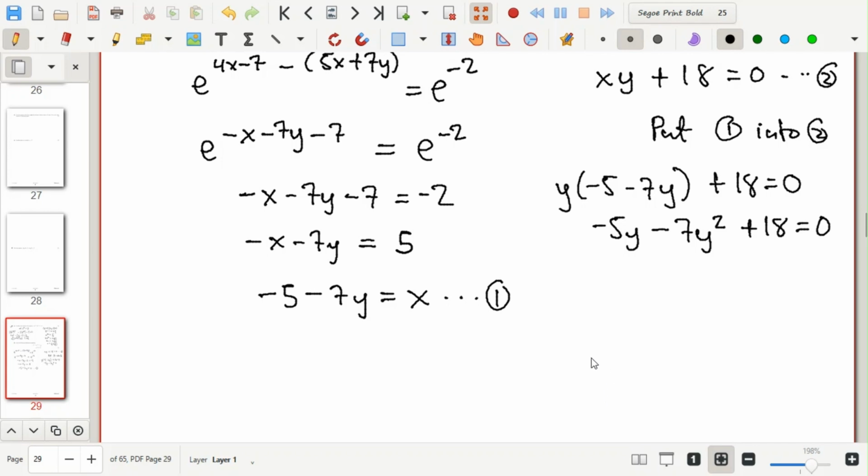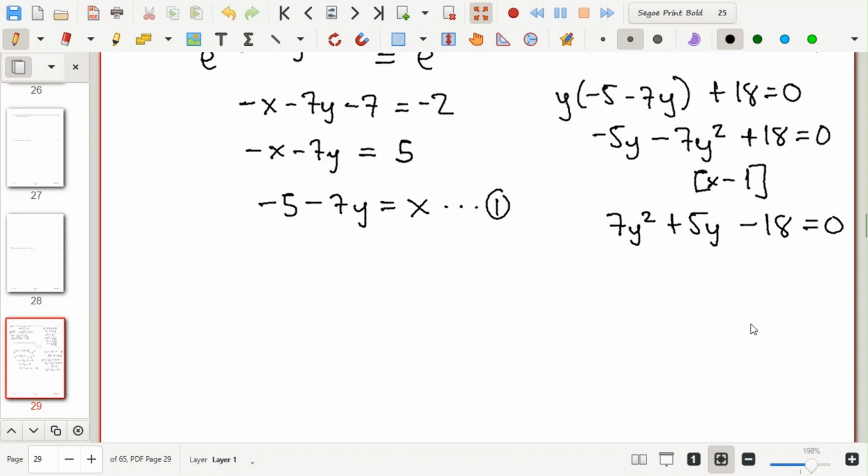Okay. So you can choose to multiply by negative 1. So that will give me 7y squared plus 5y minus 18 is equal to 0. y times 7y will give me 7y squared. 9 times 2 is 18.